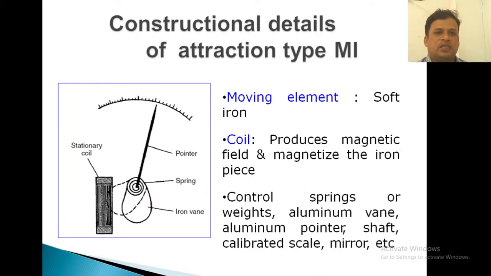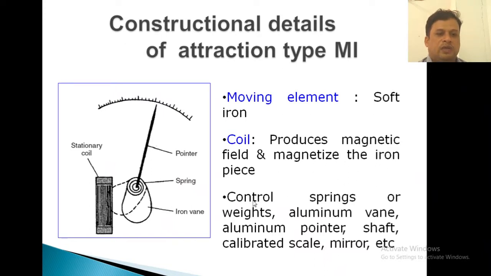Now coming to the constructional details of the attraction type MI, the moving element is soft iron, and the coil produces the magnetic field and magnetizes the iron piece. These two have the main role in the attraction type MI instrument: the moving element, that is the soft iron, and the coil.